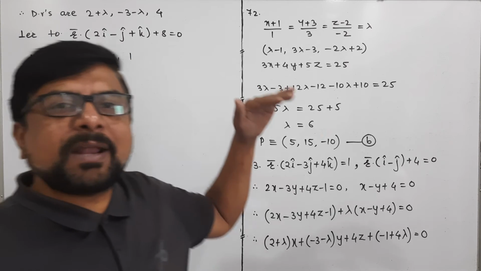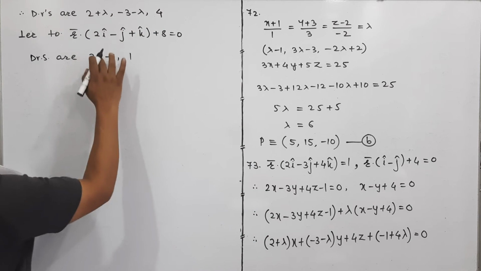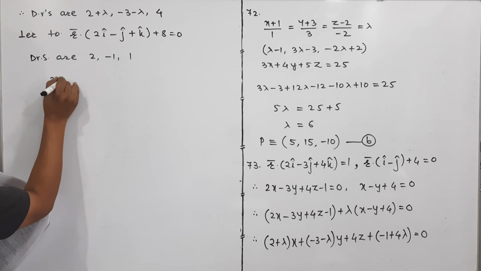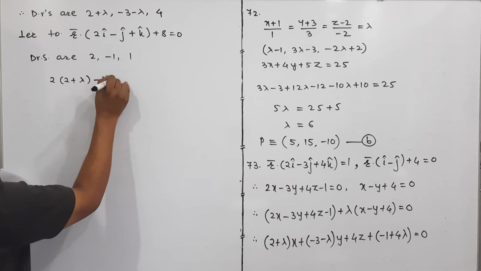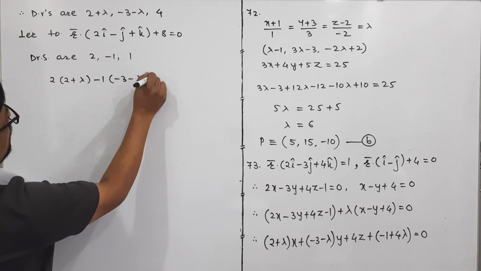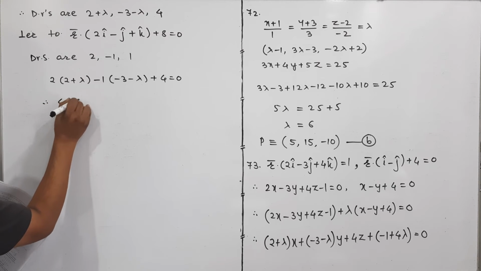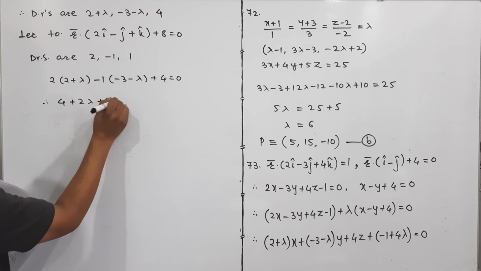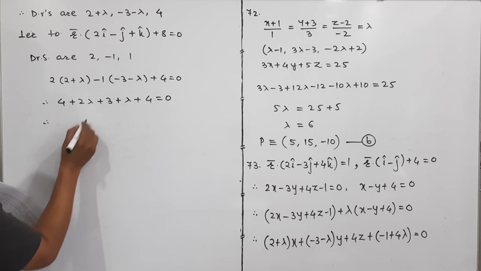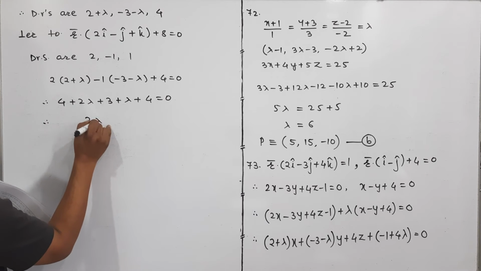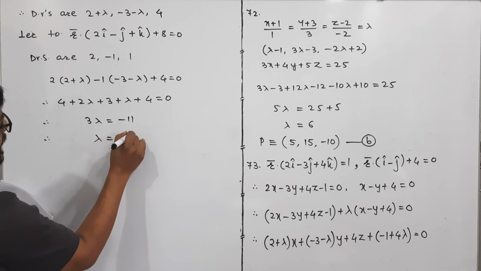Now, when two planes are perpendicular to each other, their normals are also perpendicular to each other. यानी इनका जो डॉट प्रोडक्ट होगा, that is 2 into bracket 2 plus lambda minus 1 into bracket minus 3 minus lambda plus 4 is nothing but equal to 0. Therefore, 4 plus 2 lambda plus 3 plus lambda plus 4 is equal to 0. Therefore, we can say that 3 lambda is equal to minus 11. Therefore, lambda is equal to minus 11 by 3.